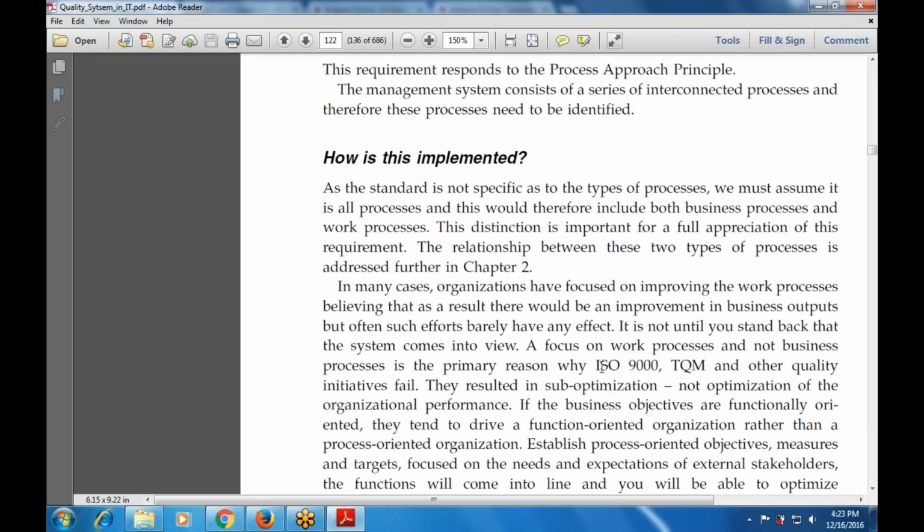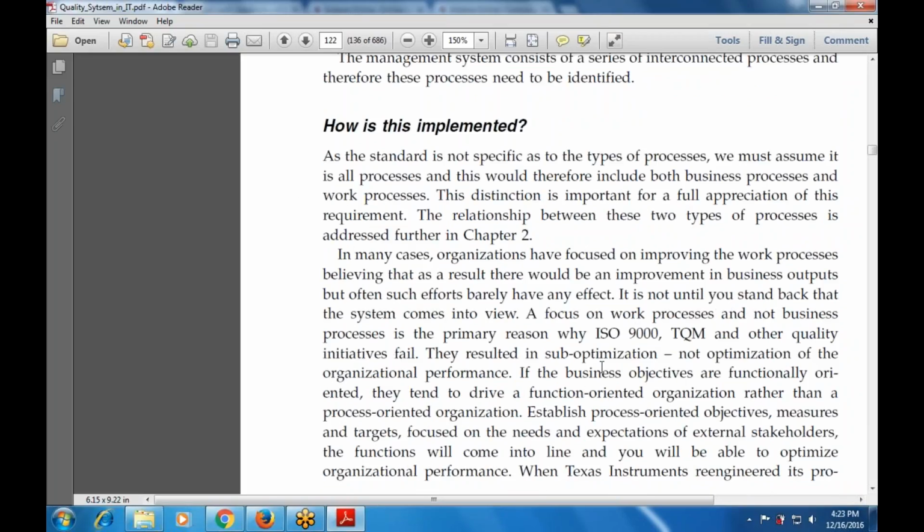And in many cases, organizations are focused on improving the work processes, believing that as a result there will be an improvement in the business outputs, but often such efforts barely have any effect.